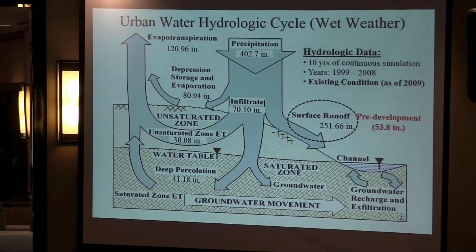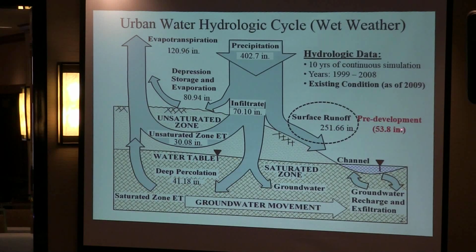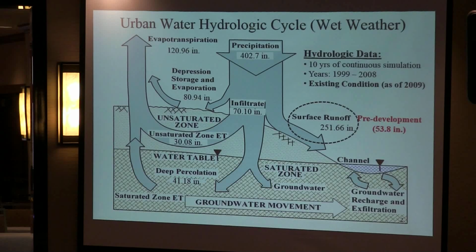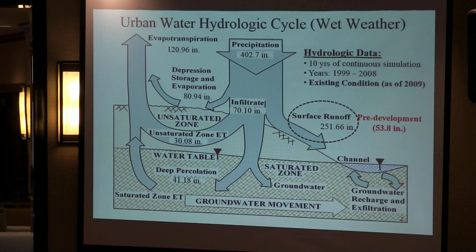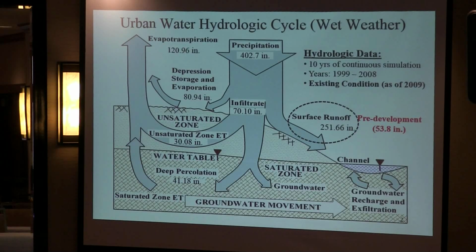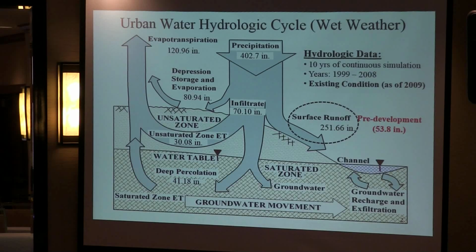And what I'm here to tell you is that until we solve this problem, we are never going to solve our wet weather pollutant load problems. It's simply not sustainable, what we are doing in this country or in any country.